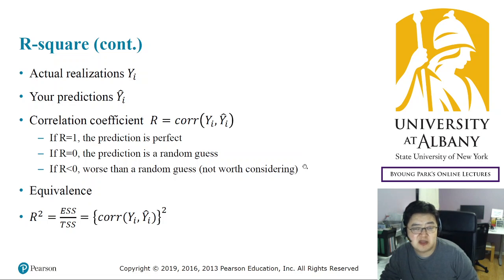And then mathematically, what you can show is that the R squared we defined as the ratio between the explained sum of squares and the total sum of squares can be written as the correlation between your prediction and the actual values, squared. Actually the correlation coefficient approach is the original, so it's named R squared.